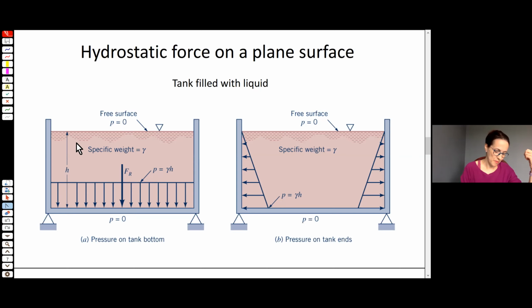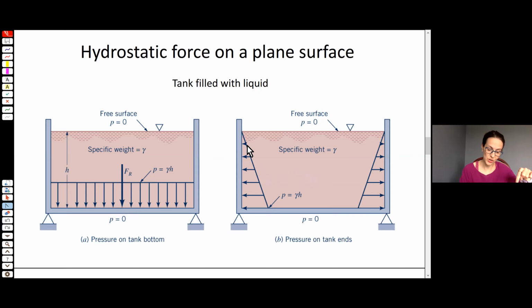Okay. So the water in the tank has some depth h. And if we're looking on the left here, what is the resultant force on the bottom surface of the tank? That's easy. It's the same everywhere. It's the same gamma times h everywhere across the bottom. So you can just integrate across that area to get the total resultant force F sub R. However, when we ask the question, what is the pressure force on the walls of the container, it's a little bit more complicated because pressure increases linearly with depth.